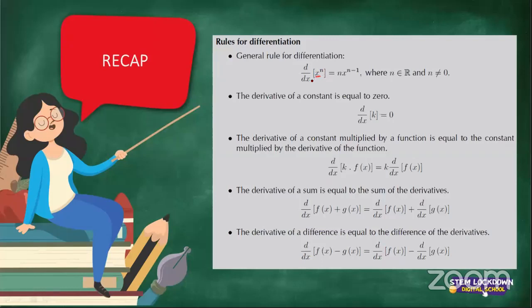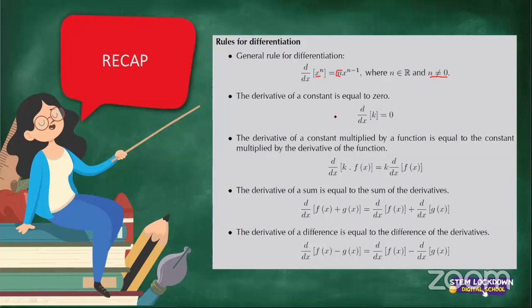If you differentiate a function with a base and an exponent, and that exponent is not 0, because remember, if you have a base raised to the power of 0, it becomes 1, and 1 is a constant. So this n cannot be 0. If you're differentiating that function, you take your exponent, you multiply it with your base, and then you raise to the exponent minus 1. That's the first rule.